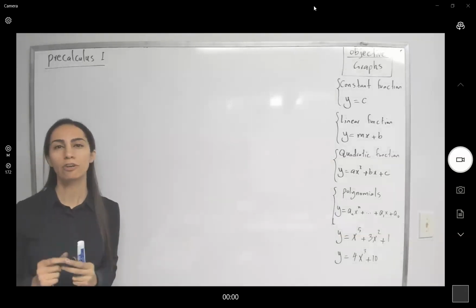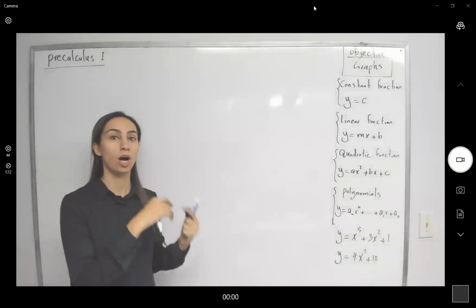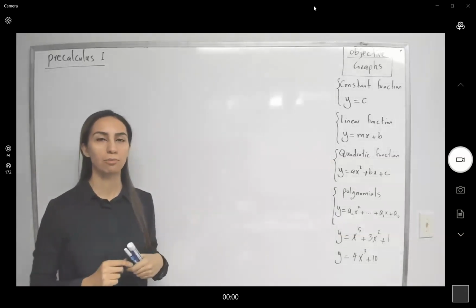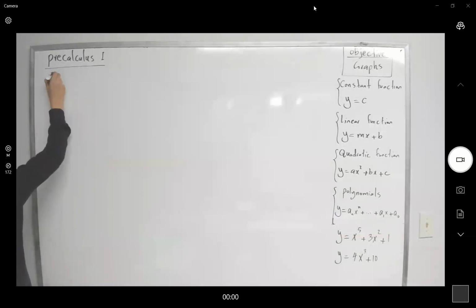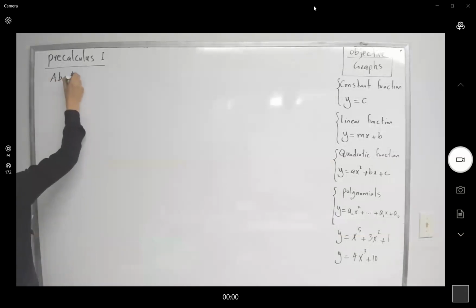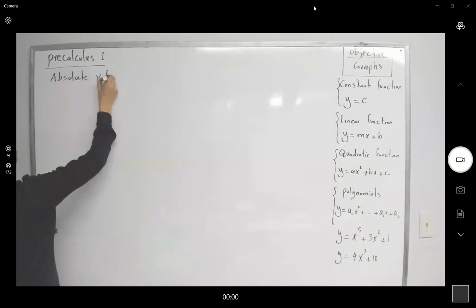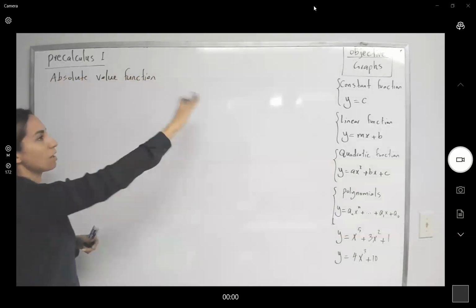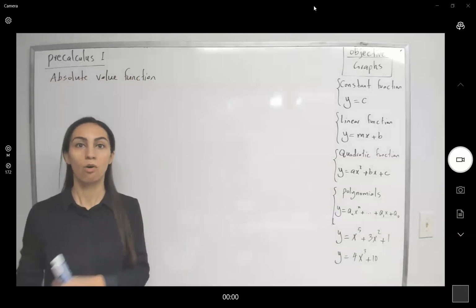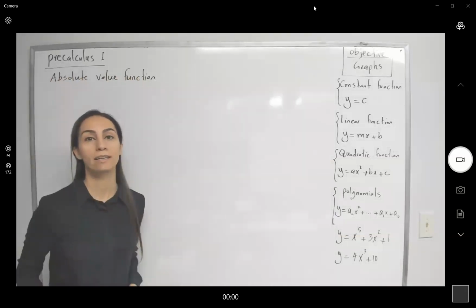We have some functions that we need to spend more time thinking about. For example, the absolute value function. You're going to see all of these functions over and over again in calculus.